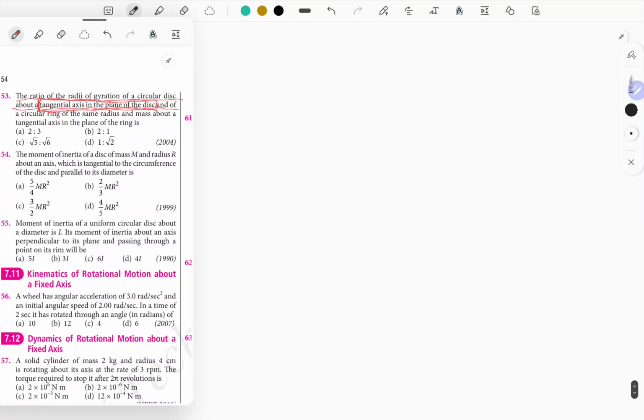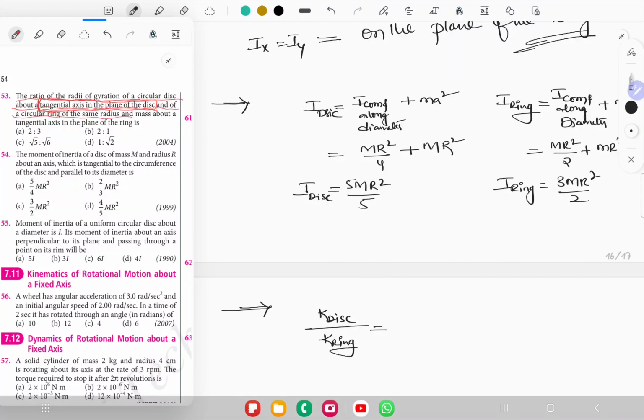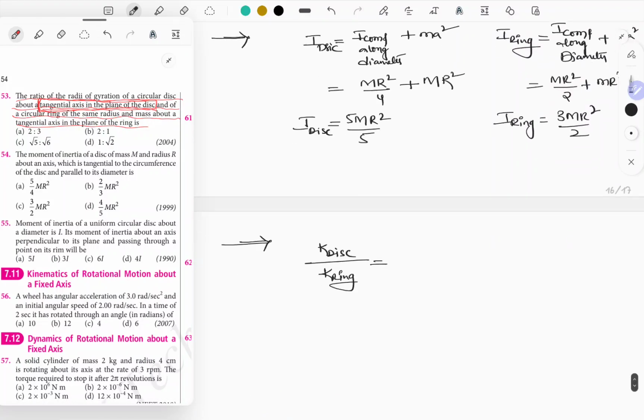Then I need to find the radius of gyration. Then k disk divided by k ring is equal to, we know the radius of gyration formula, root of I by m. And one more point, they said circular disc and ring of same radius and same mass. Both objects have the same mass and same radius.